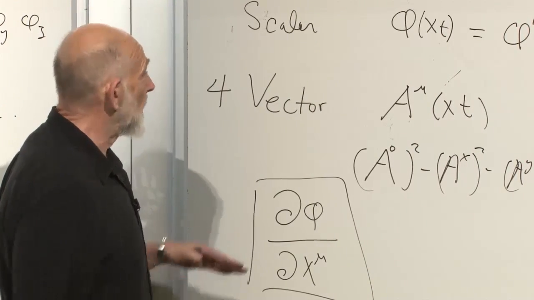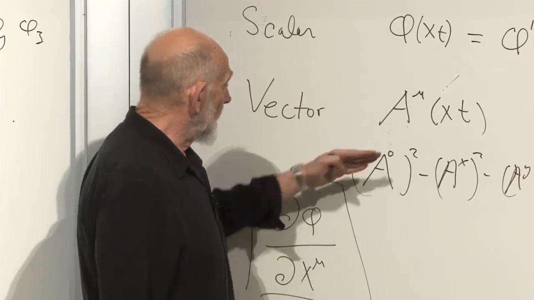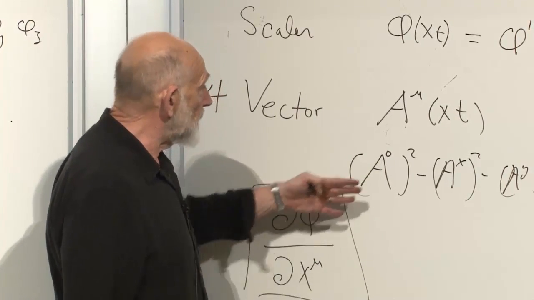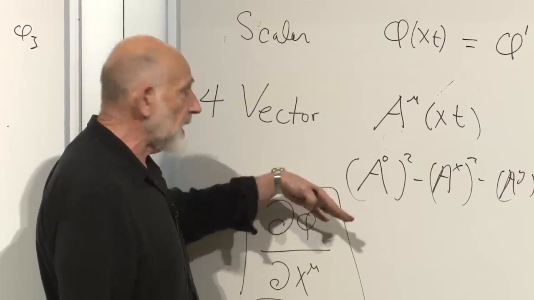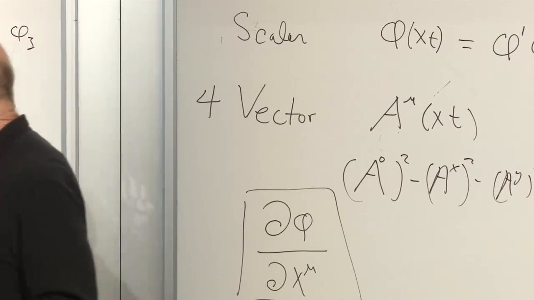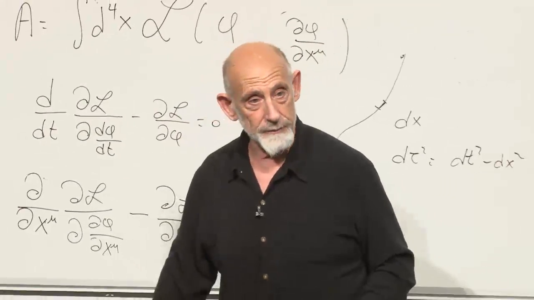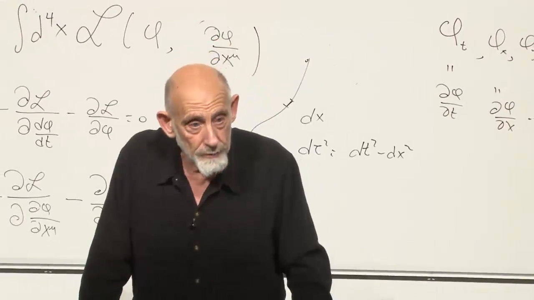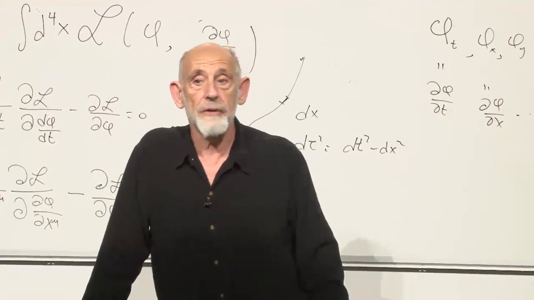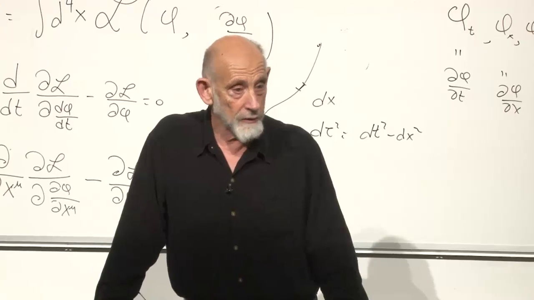Oh, well, yes. We know how things transform, and we know how to build scalars and vectors out of other objects. What's the rule for making a Lagrangian or an action invariant? It's very simple. We require that the Lagrangian itself is the same in every coordinate frame.